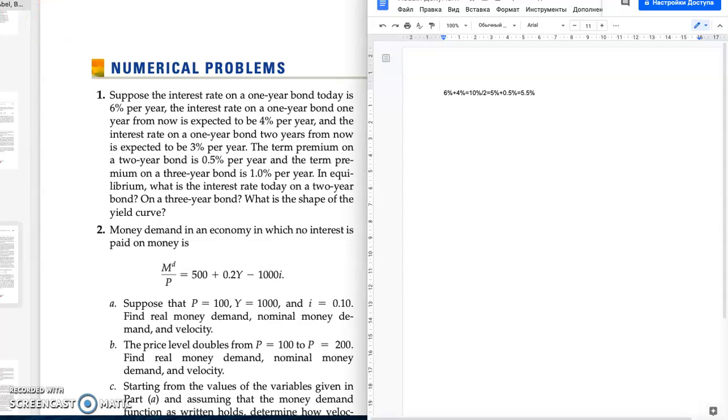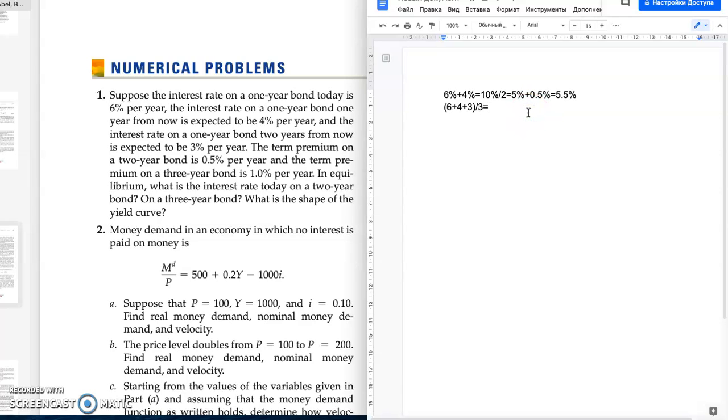Okay. For the 3-year bond, according to the expectations theory, the interest rate would be the average of the three 1-year bonds, which is 6 plus 6 plus 4 plus 3, all in percent, and we find the average.